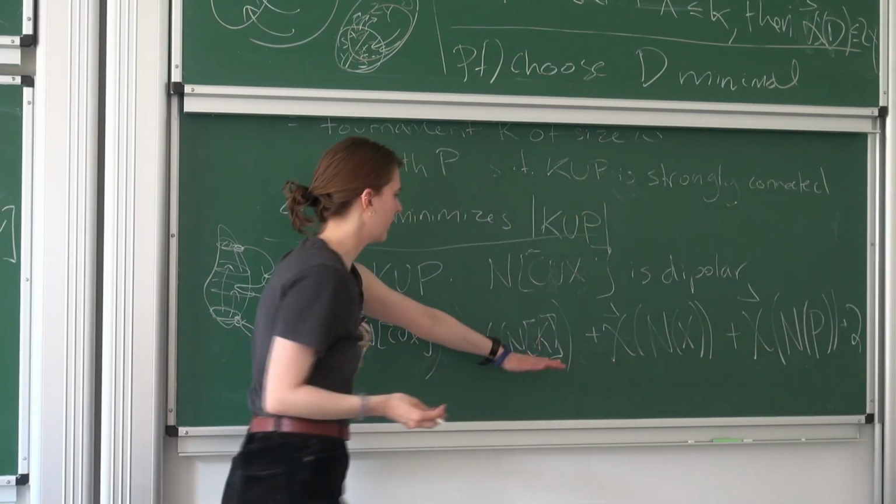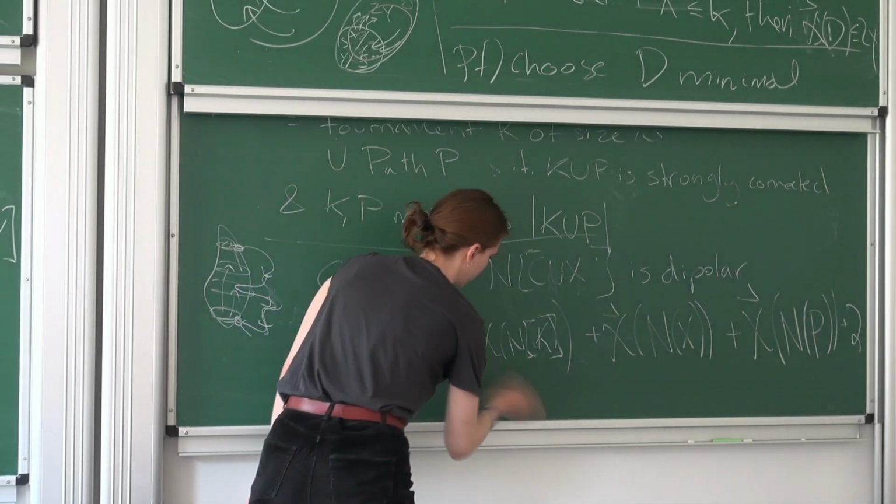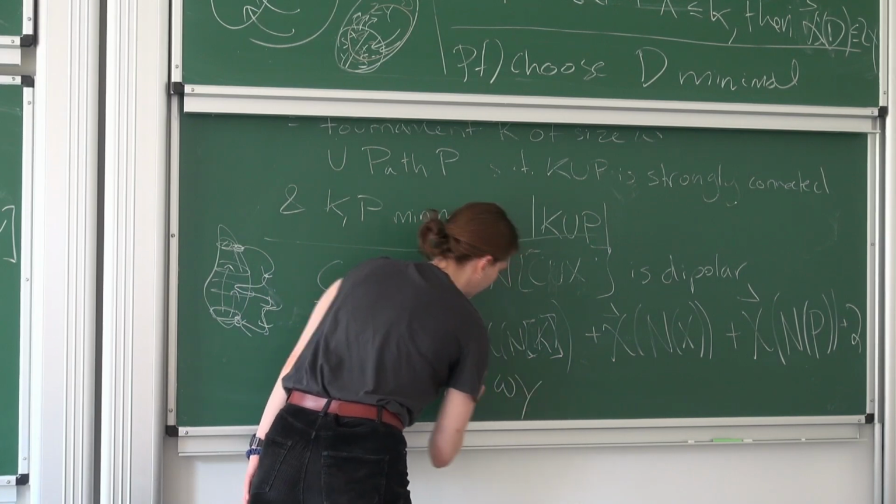So this guy, again, it's a neighborhood of a bounded size set, so it's just omega times gamma.